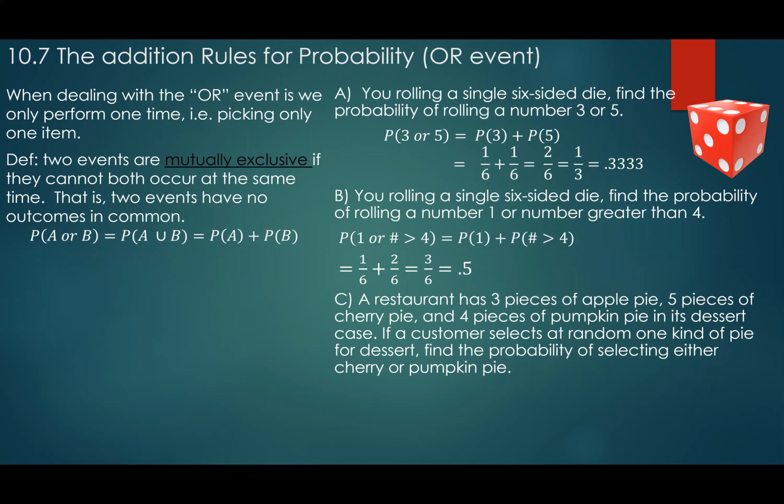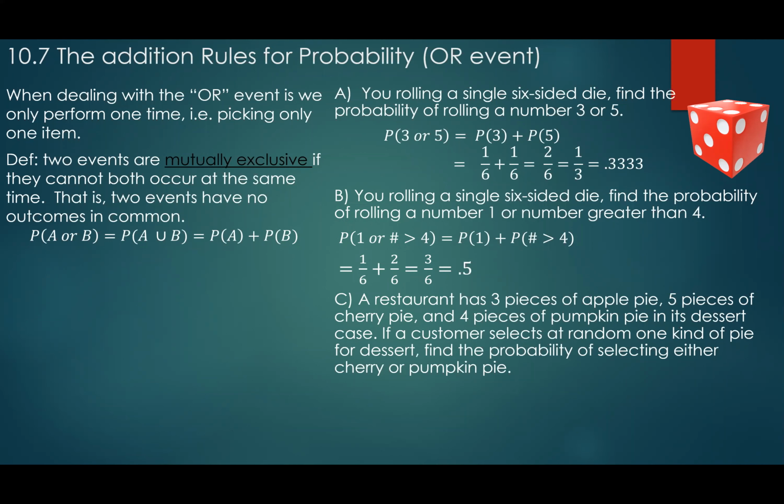So looking at this, let's say that they turn off the light. They have these items in the refrigerator, you go in, there's no light, it's so dark, you randomly select one dessert. What is the probability that you select a dessert and it is a cherry pie or a pumpkin pie?